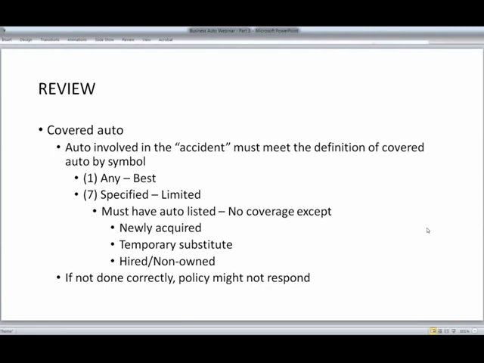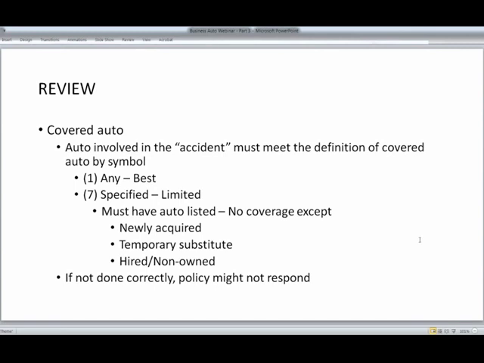To be a covered auto, if it's specified, then it must be listed on the policy. So you limit the coverage to only the autos that are listed on the policy. Must have the autos listed, or there's no coverage, unless it's a newly acquired, temporary substitute, hired and not owned. If this is not done properly, you would not have coverage.